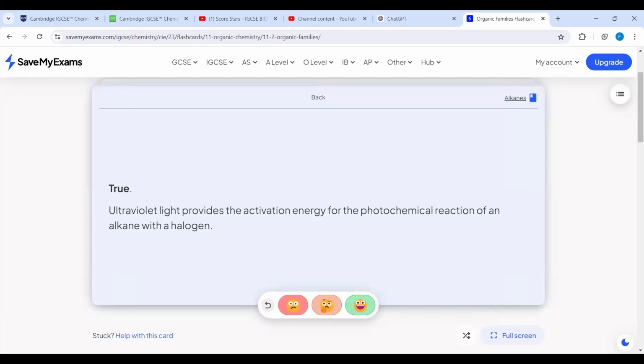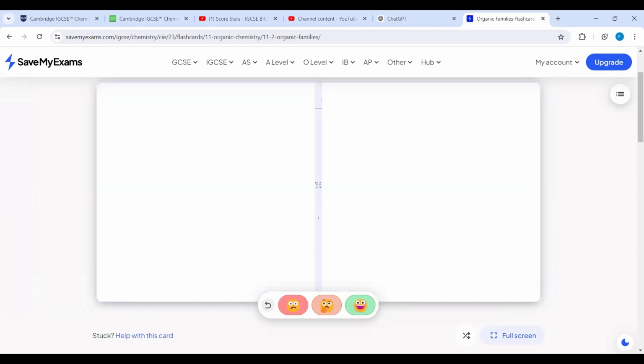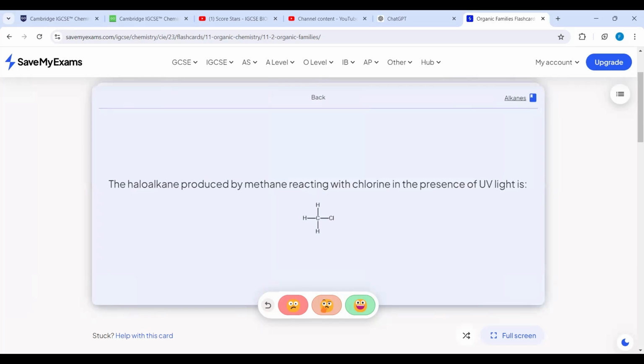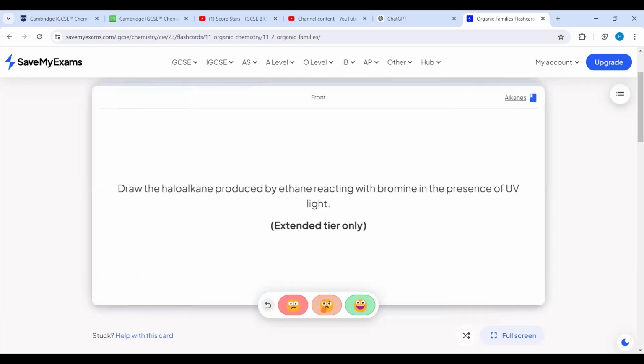Now, draw a haloalkane produced by methane reacting with chlorine in the presence of UV light. So this is the haloalkane. Remember, this photochemical reaction is also the substitution reaction where one hydrogen is replaced with a chlorine atom.